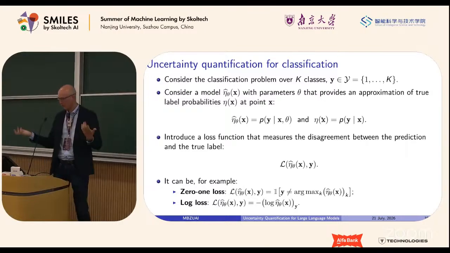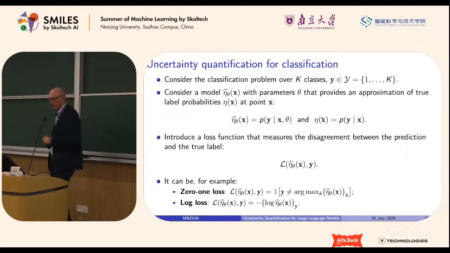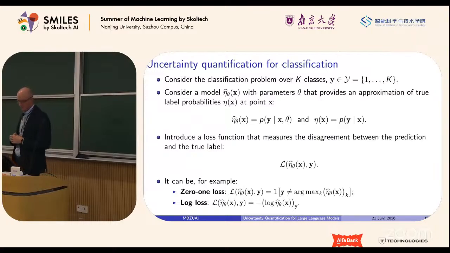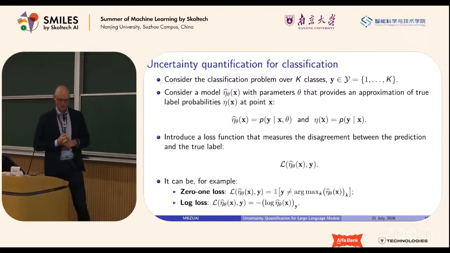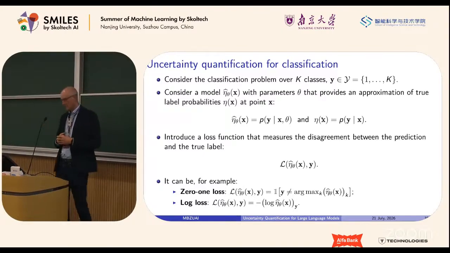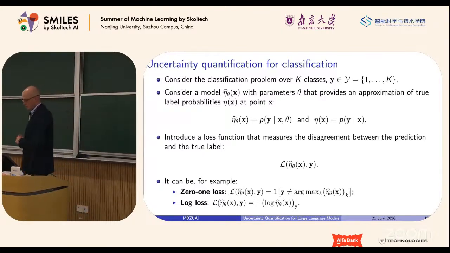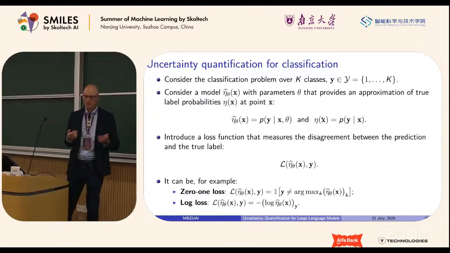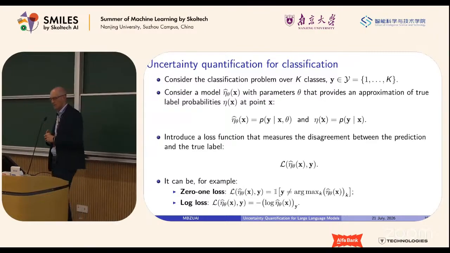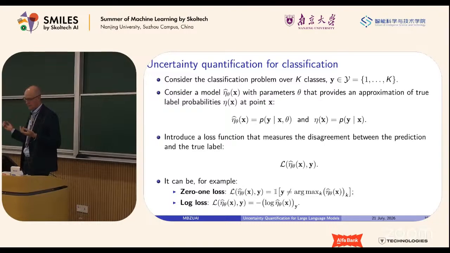So consider you have a model with some parameters that provides us some approximation of the real probability distribution. What we usually do in machine learning is introduce some loss function that tells us how good the model is on our data, on the test data, on the training data.